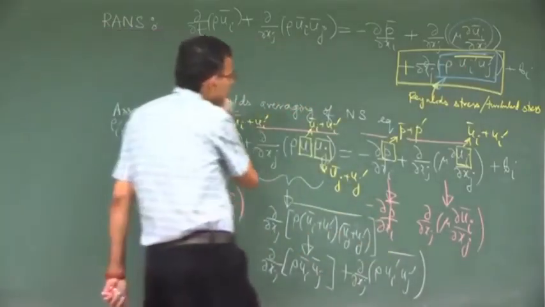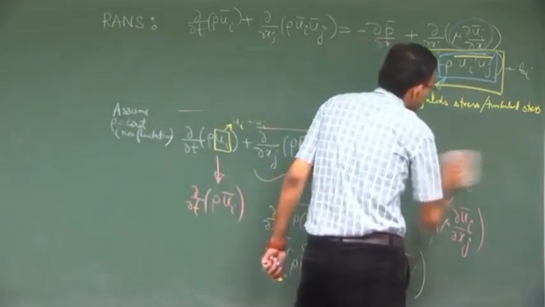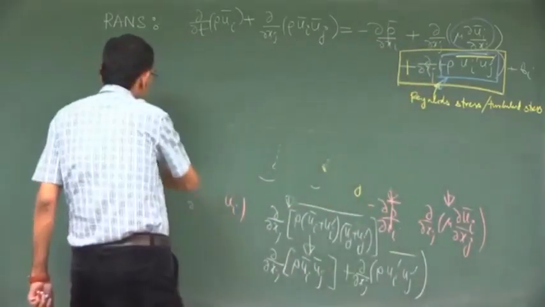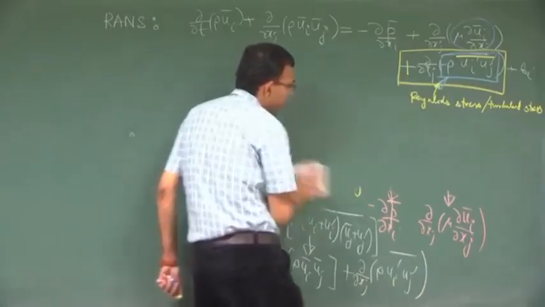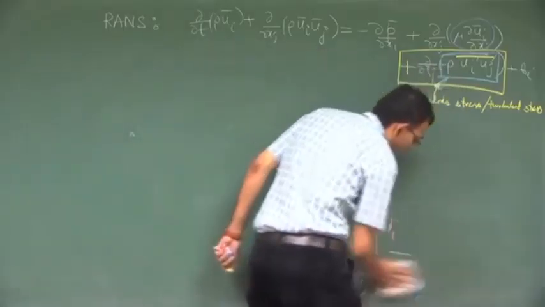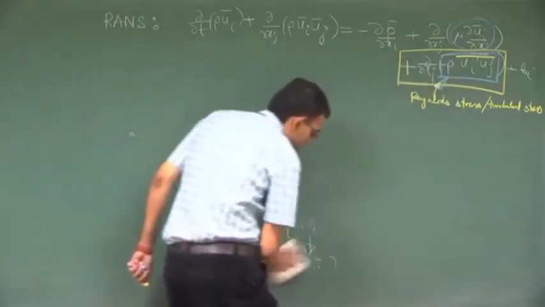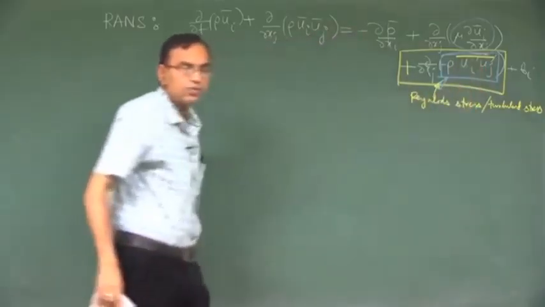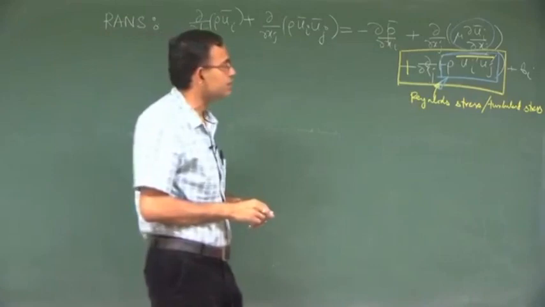So, the question is that while trying to get rid of the problem of solving a turbulent flow, we have come up with a situation where we have incurred some additional unknowns which are these ones, and that will be a second order stress tensor.